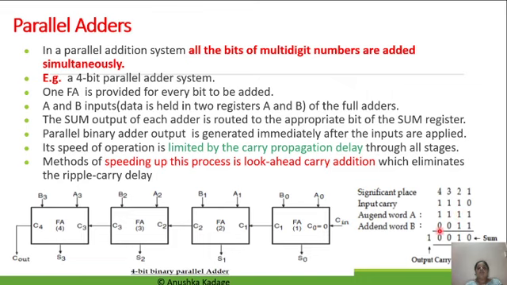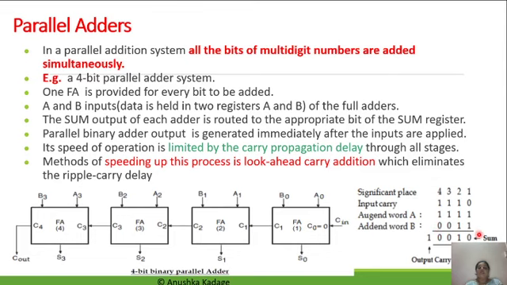But the necessary requirement for this operation of parallel addition is that initially the two inputs of addition should be saved in separate registers, which may be named A and B, for that full adder. When the parallel addition is done, for each of the sum operations, the output of the adder will be routed to the appropriate bit of the sum register.